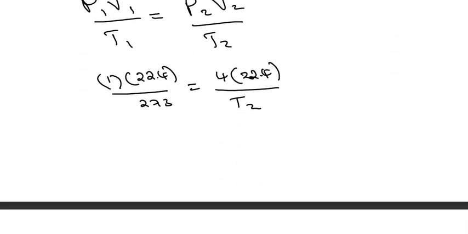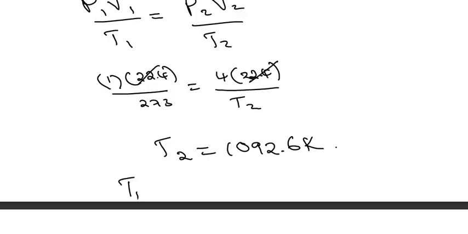This can cancel first and foremost, meaning T2 is just equal to 273.15 multiplied by 4. So this is 1092. This is in kelvins.